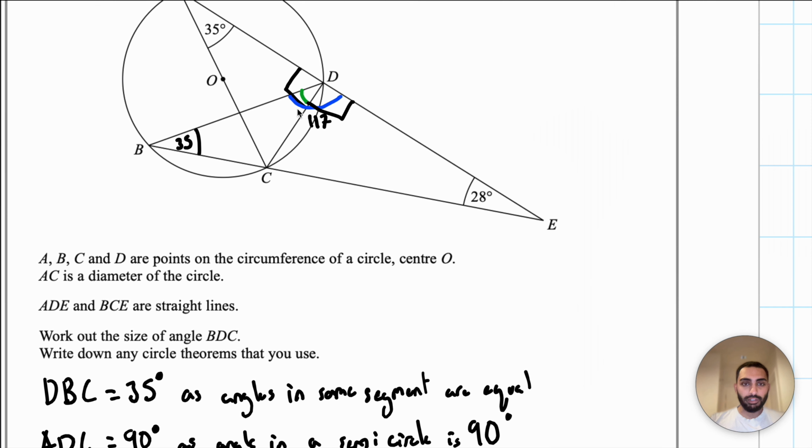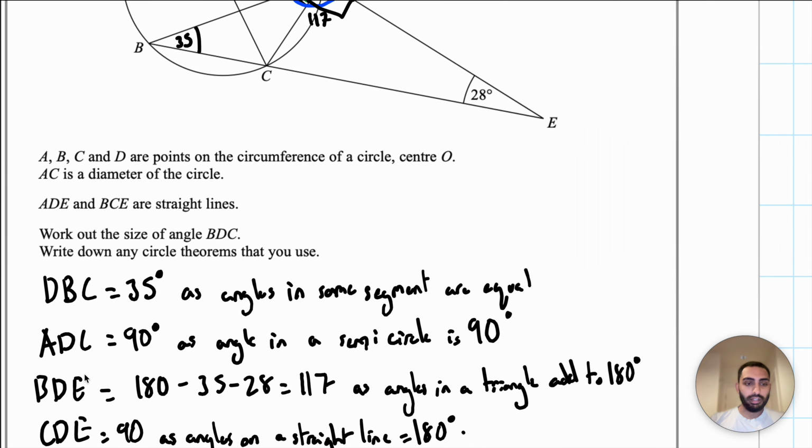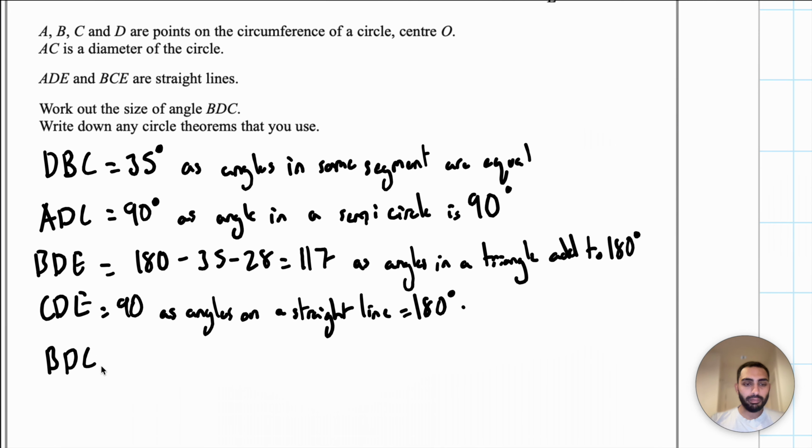The final thing that I need to write is BDC, the angle that we're trying to find, is equal to BDE minus CDE, which is 117 minus 90. That gives me a final answer of 27 degrees.